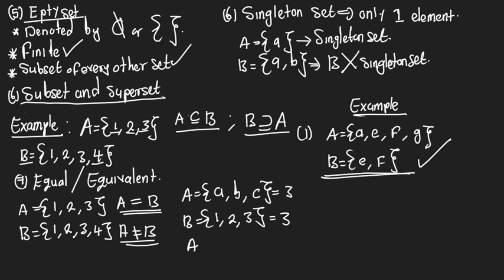Henceforth, we say that A is equivalent to B. But if the number of elements in A and B were not the same, we would say it is not equivalent. Very simple concept for you to understand. Please understand what we have said there. It's very important to understand.